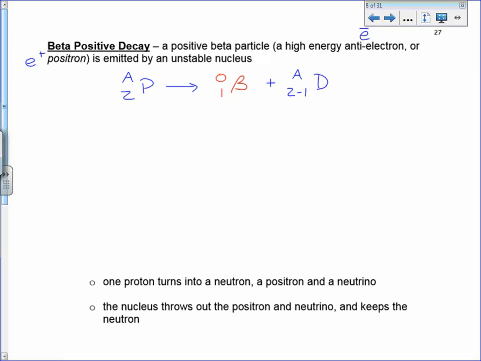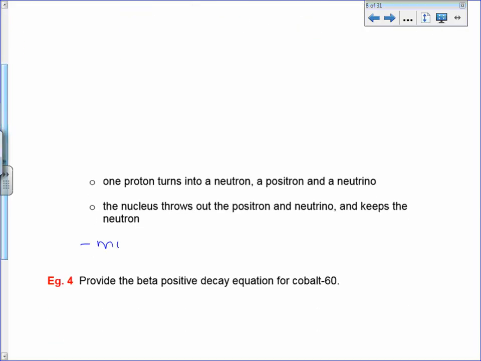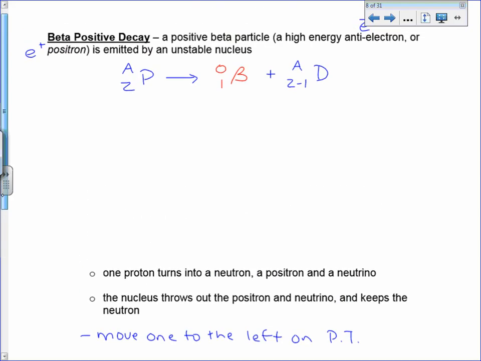So then we're moving 1 to the left on the periodic table. And you should notice that we're still balanced here.